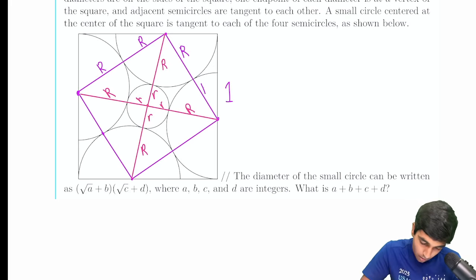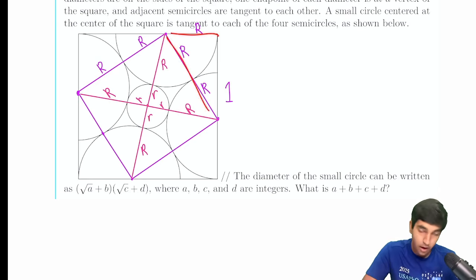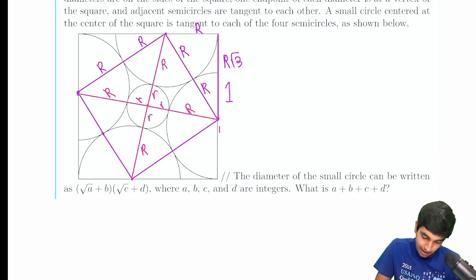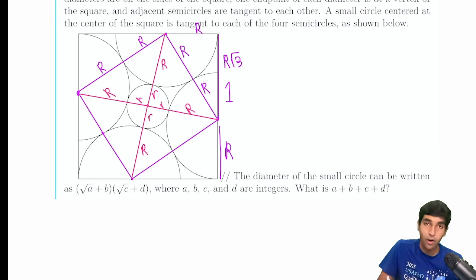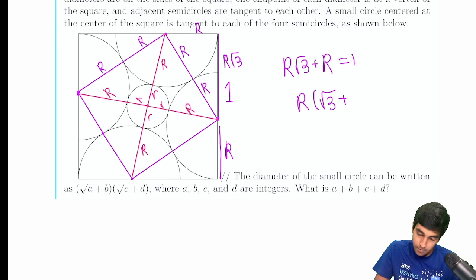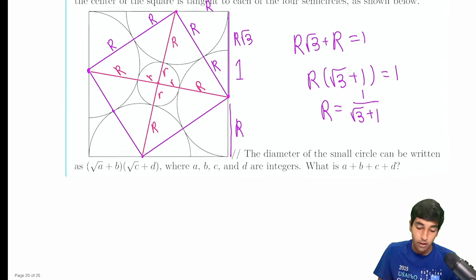This is also R. Look here, that's R, 2R, and either by the Pythagorean theorem or by seeing that this is a 30, 60, 90 triangle, this length over here is R root 3, and this length is, of course, R. Aha, we can solve for R. R root 3 plus R is 1, so R times root 3 plus 1 equals 1, or R equals 1 over root 3 plus 1. Now we've solved for big R.